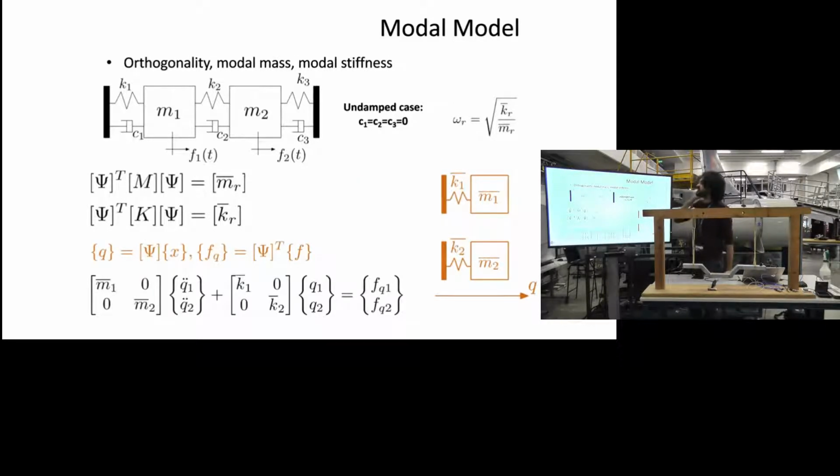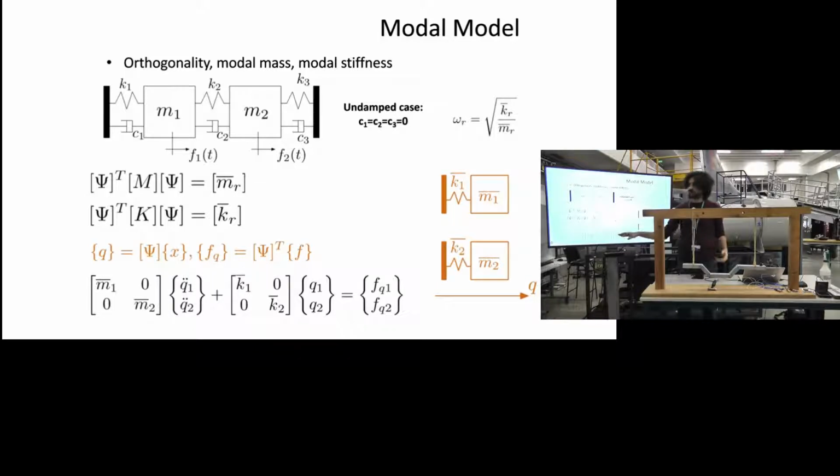Again, as I said, in the modal model, if you take the rotation matrices, the modal matrices, and you apply them to the mass matrix, you'll find a diagonal mass matrix. And if you apply the same thing to the stiffness matrix, you'll find a diagonal stiffness matrix. This being diagonal means that what you have at the end is a system which is completely decoupled.